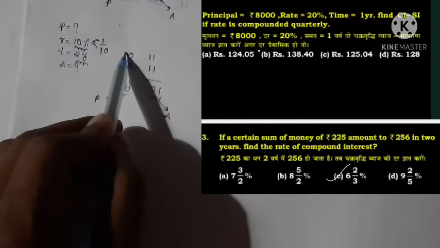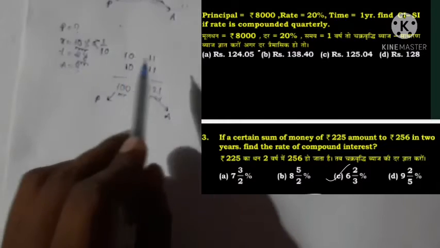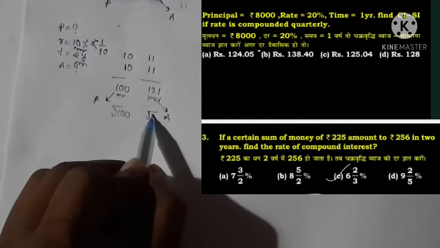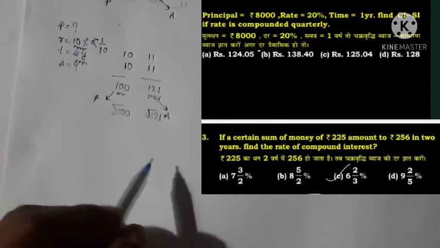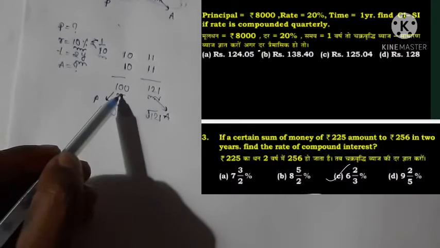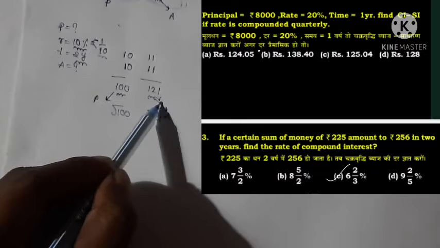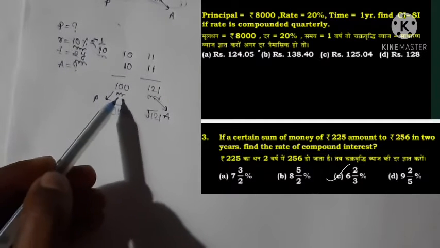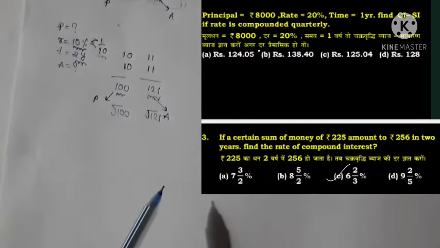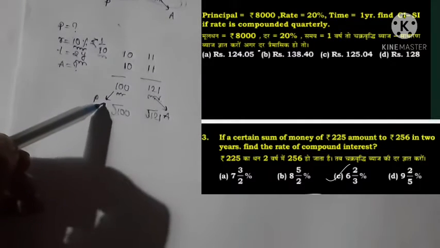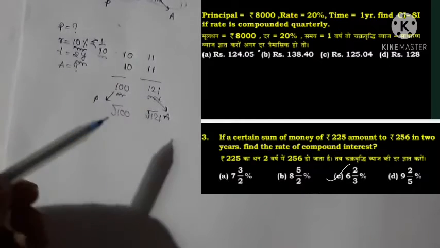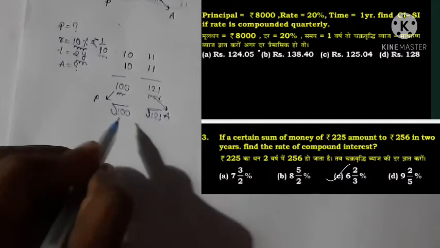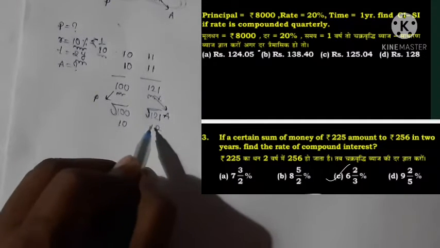So for 1 year, the principal and amount are square root of 100 and square root of 121. In this problem the rate of interest is given, and we are finding the principal and amount. Opposite to this problem, the amount and principal after 2 years are given, and we have to find the rate of interest. The principal and amount after 2 years are 100 and 121. For the first year the principal and amount are square root of 100 and square root of 121, so the value is 10 and 11.